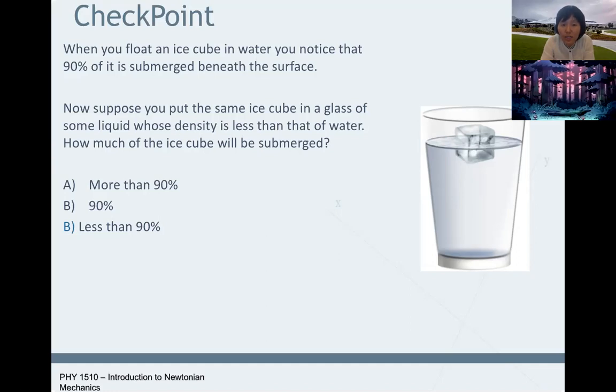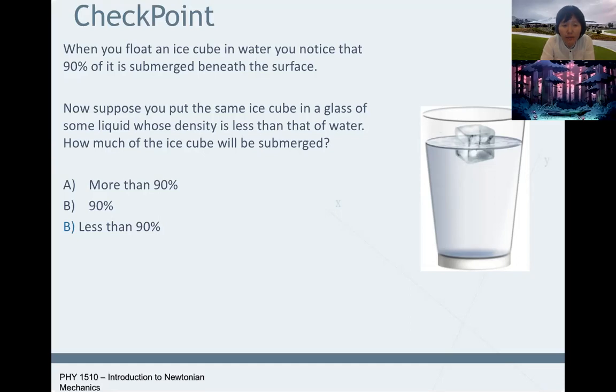So to provide the same amount of force, if you switch the liquid from water to something less dense, you are reducing rho. So if rho is smaller, and then to provide the same amount of force, rho g times v, you need to increase the volume in order for rho g v to still cancel out the weight of the ice cube, so that ice cube will stay afloat.